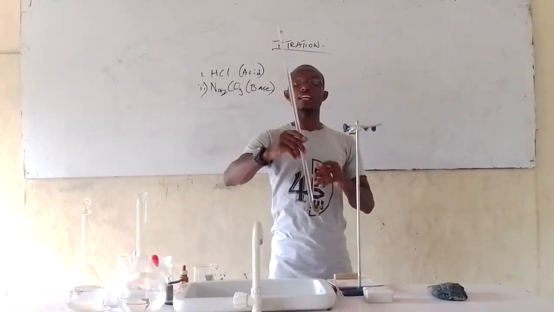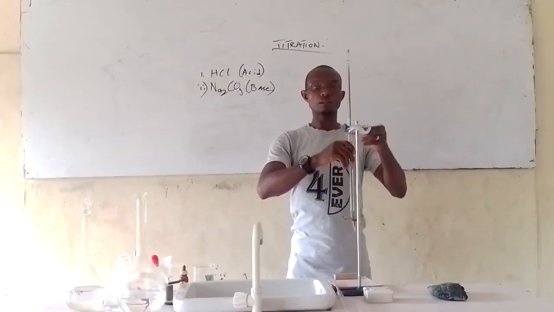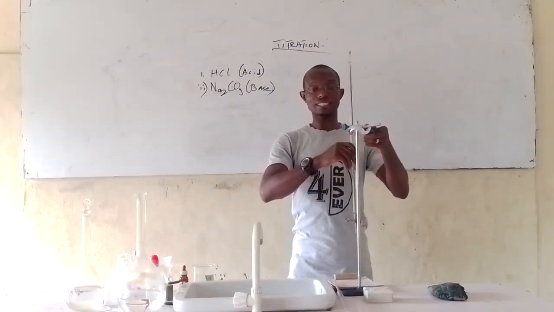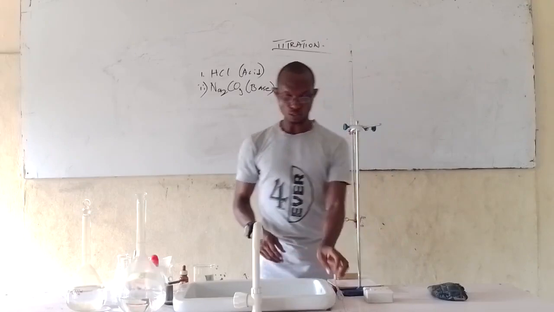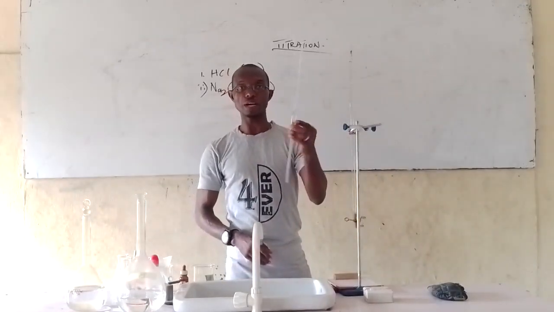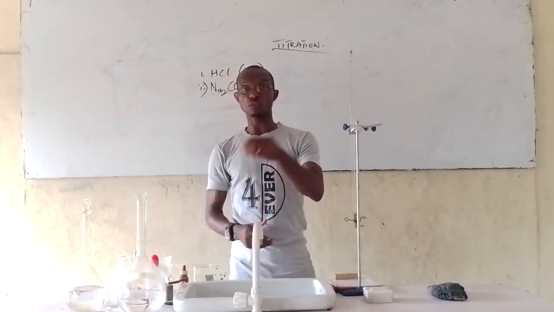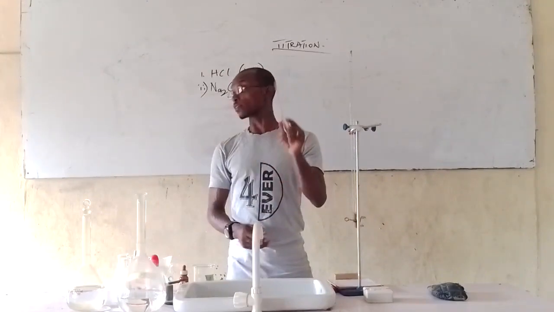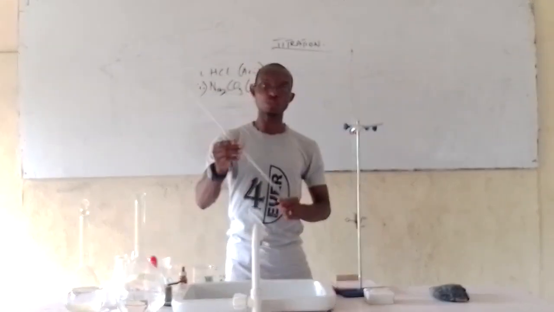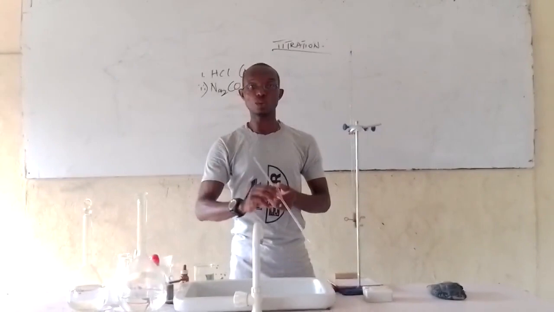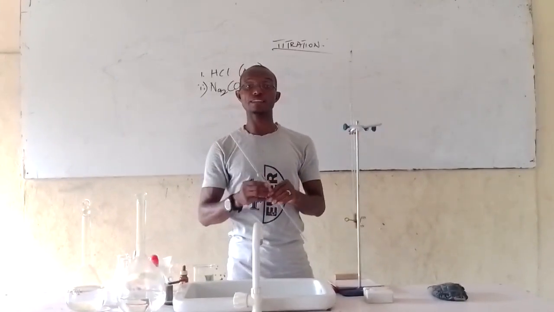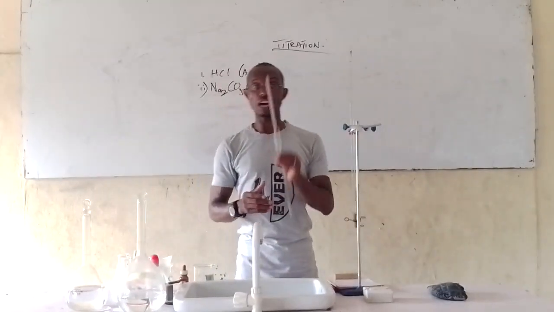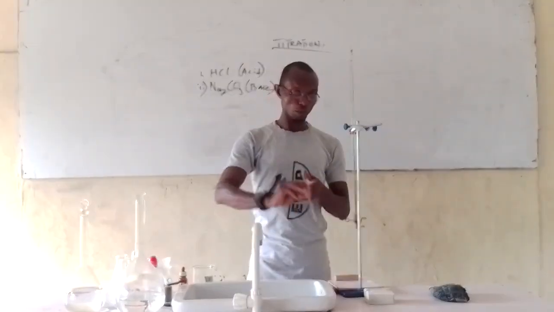It is in this burette that we have the acid put into. Also, I have this one which is called the pipette. It is used to measure a known volume of the base. We have two types of pipettes, the 25 ml pipette and the 20 ml pipette. For this particular titration, I will be using the 25 ml pipette.